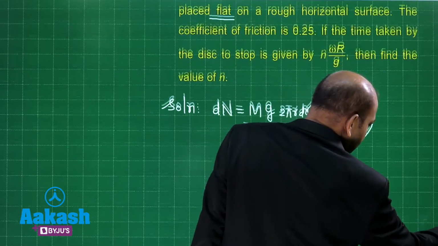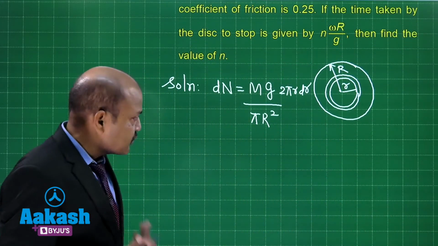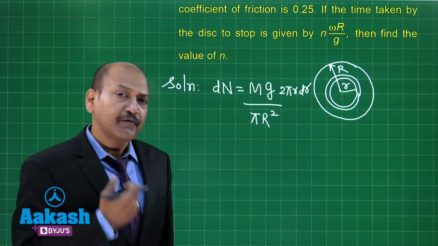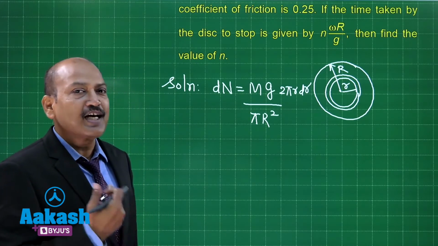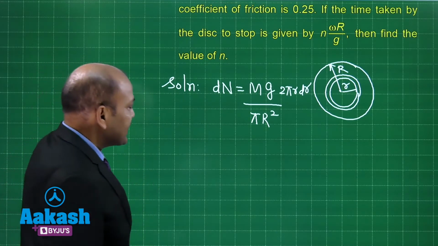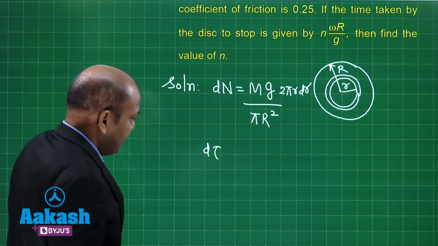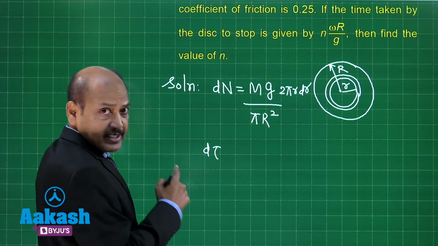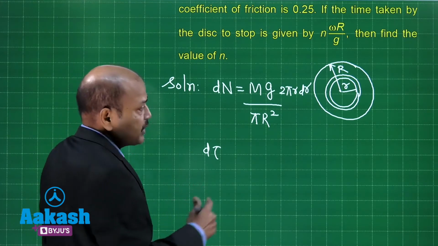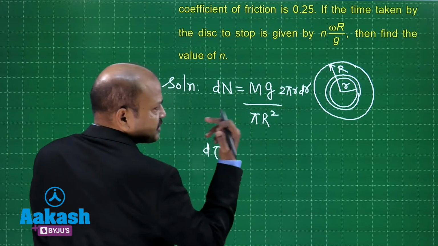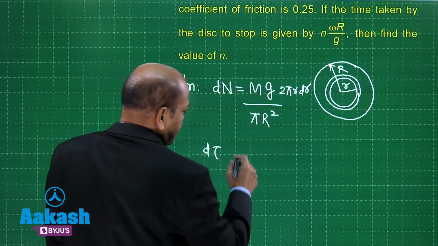And because of this normal reaction, the friction is going to act, and the friction is also going to produce a retarding torque. So, what is that torque? Let us first find the torque on that element alone, and it is of course retarding in nature, because it is going to oppose the spin of the disc.